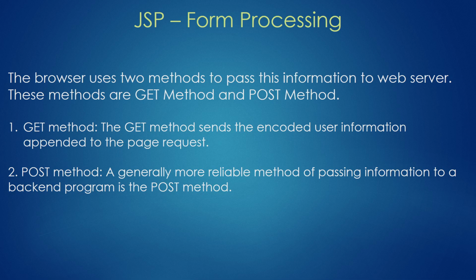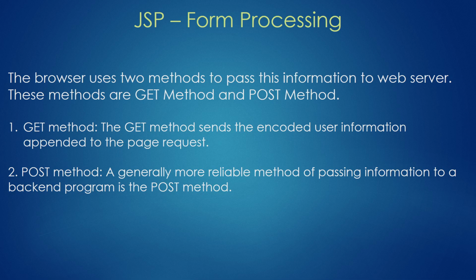The get method is the default method to pass information from browser to the web server, and it produces a long string that appears in your browser's location box. Never use the get method if you have password or other sensitive information to pass to the server. The get method has size limitation.